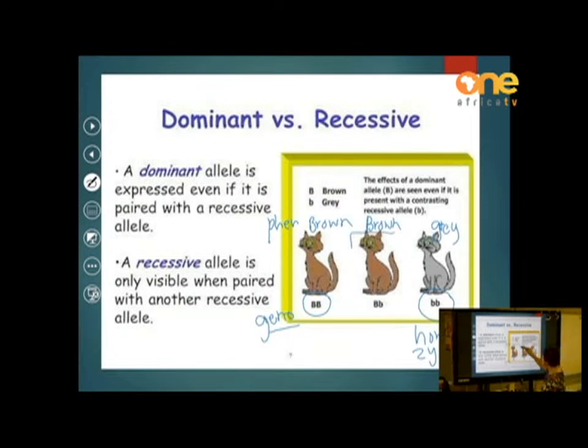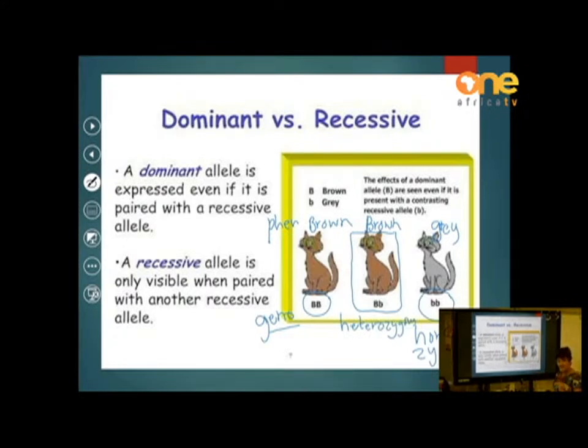But this one, the phenotype is brown. Can I say it is capital B, capital B, or capital B, small b? I cannot say unless I have more information. So this one may be a heterozygous genotype.